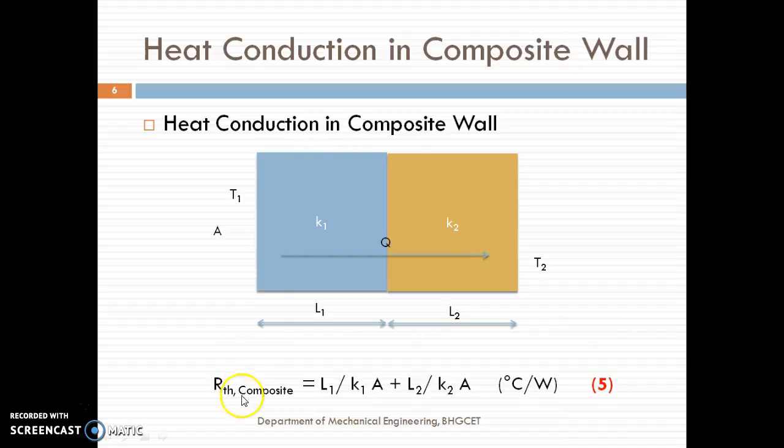For the composite wall, the thermal resistance is equal to L1 over K1 A, the thermal resistance for wall 1, plus L2 over K2 A, where L1 represents the thickness of material 1, L2 the thickness of material 2, K1 the thermal conductivity of material 1, and K2 the thermal conductivity of material 2.